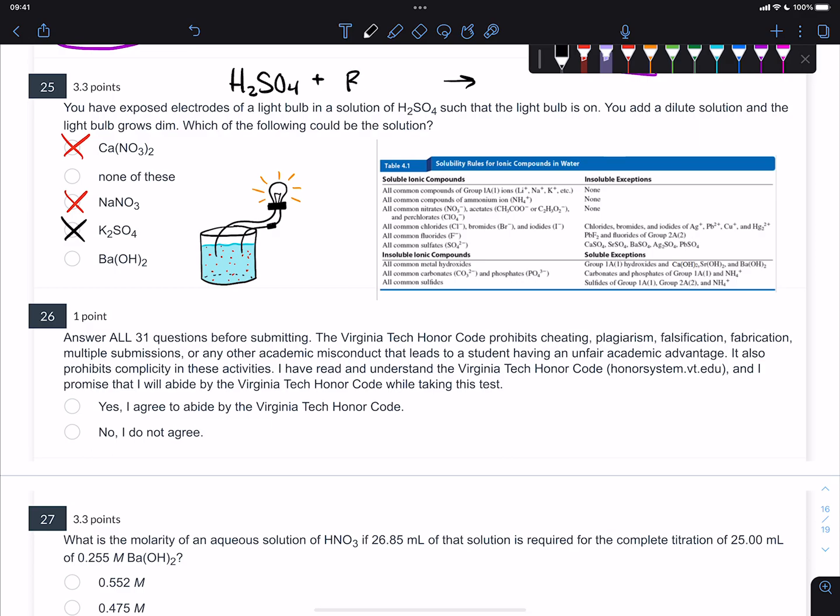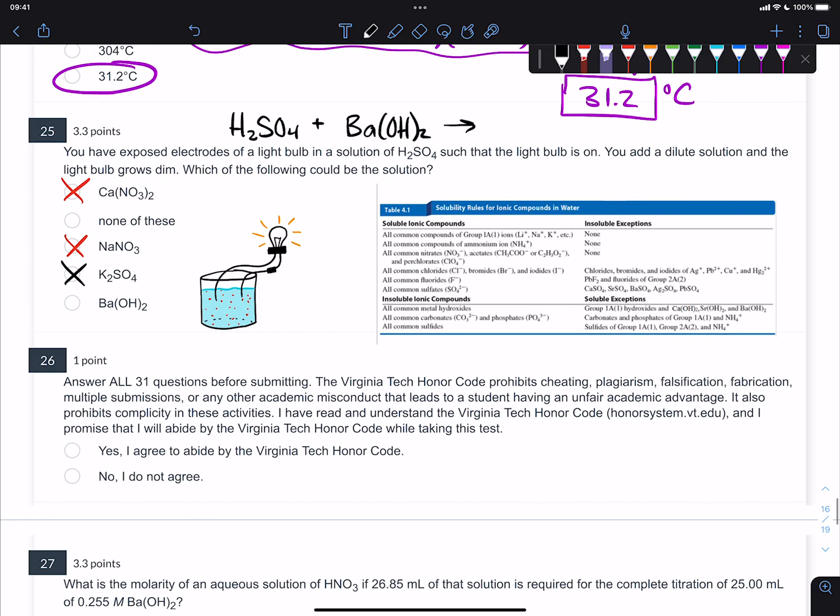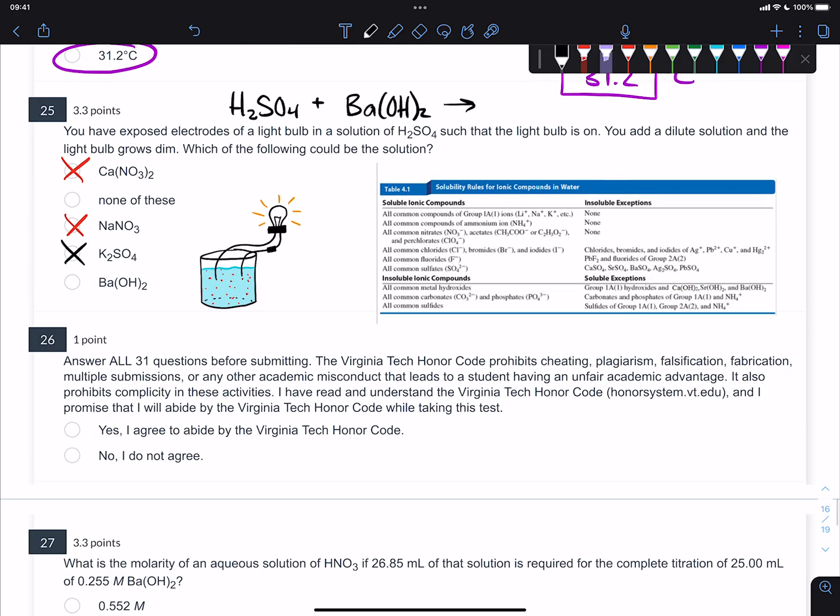If you add barium hydroxide to the solution, based on the acid-base reaction and a little bit of solubility rules, you're going to form some water, because the hydrogens from the sulfuric acid are going to be attracted to the hydroxide ions floating around.